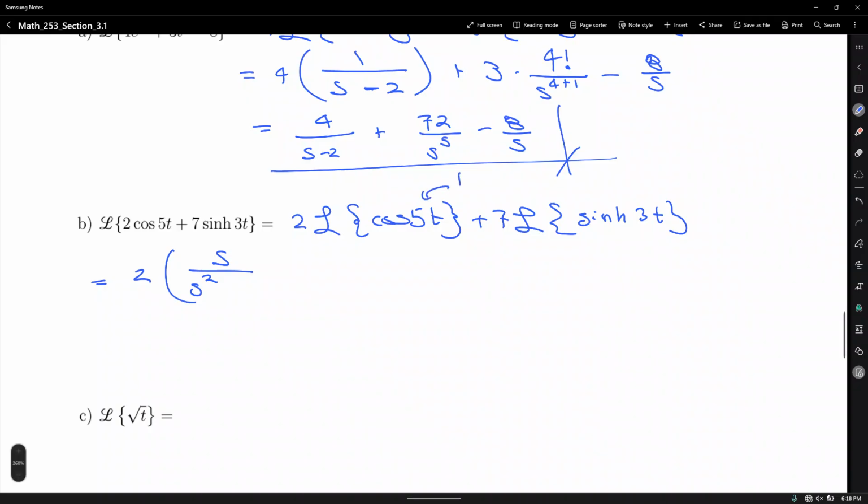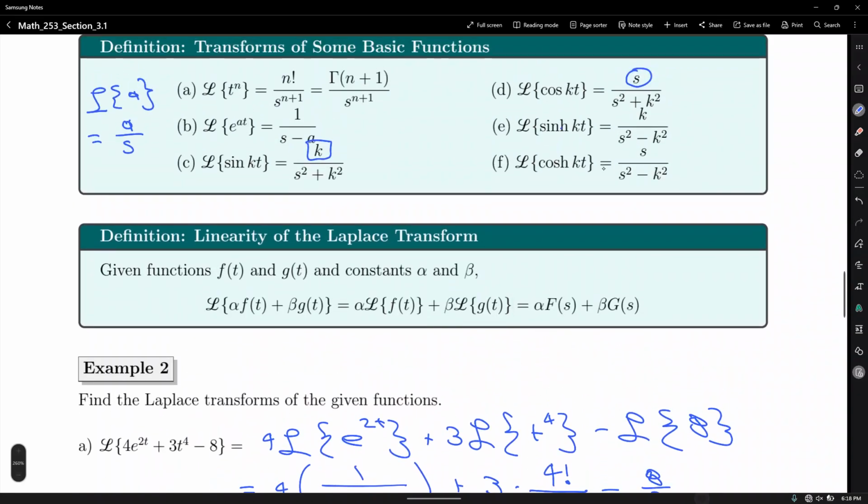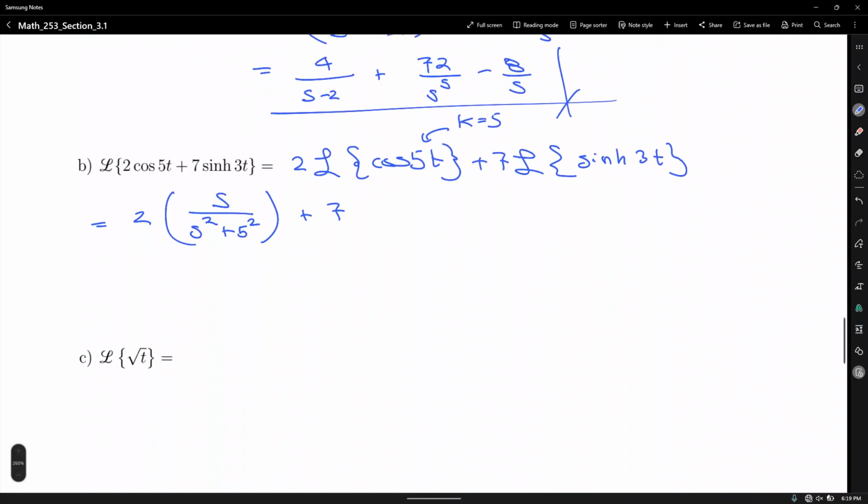Here, k equals 5, so we need 5 squared, which we can compute later. Plus 7 times the transform of sinh, which is k over s squared minus k squared. In this case, k is 3, over s squared minus 3 squared.